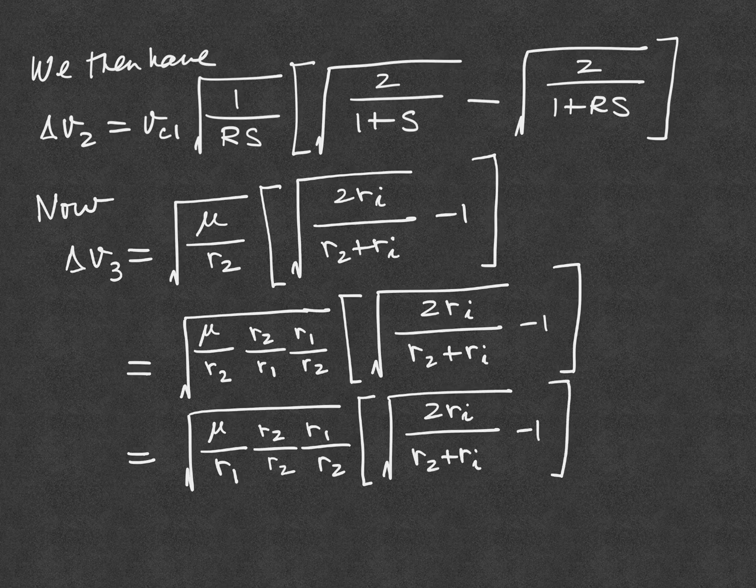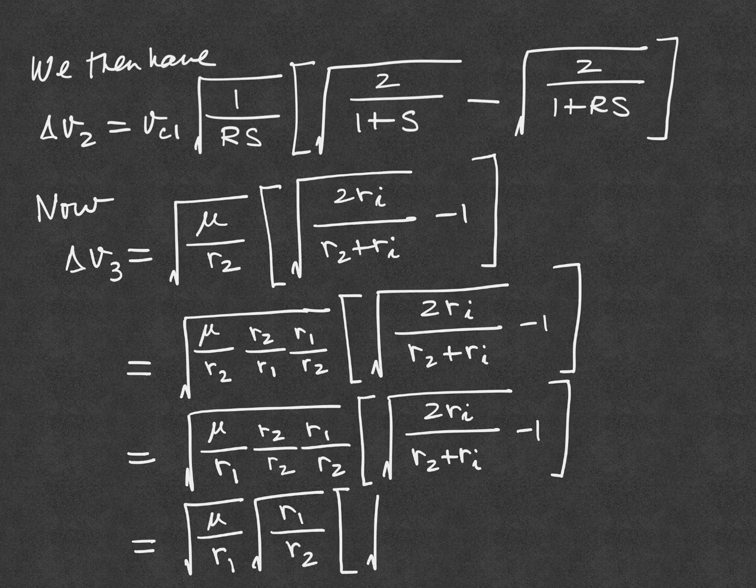Now you can see that this factor that's in front can be written as the square root of mu over R1 times the square root of R1 over R2 times the square root of 2Ri, all divided by R2 plus Ri minus 1.